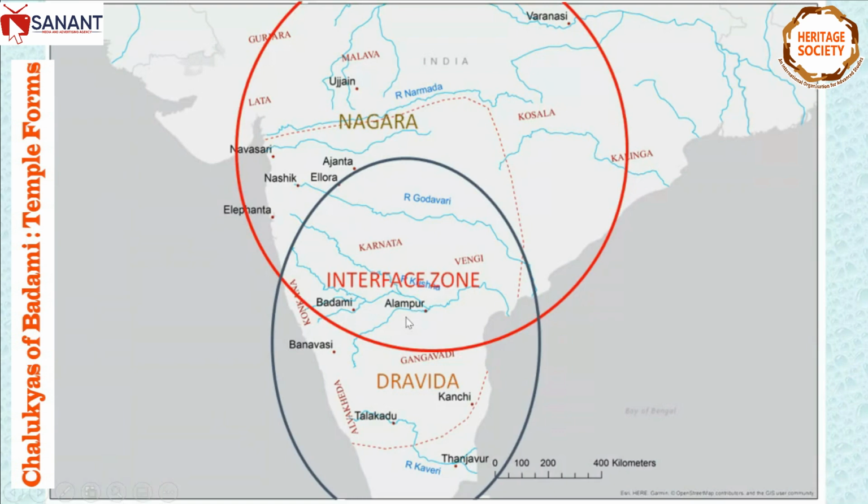So Badami, Alampur, and other complementary sites which are there in these regions, they embrace all the traditions. Sometimes they also try a sort of intermixture of these temple styles, which we'll try to see later on.